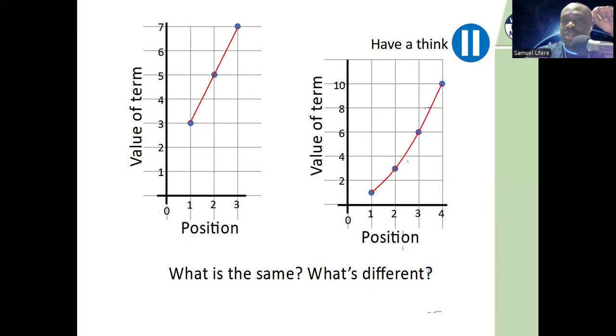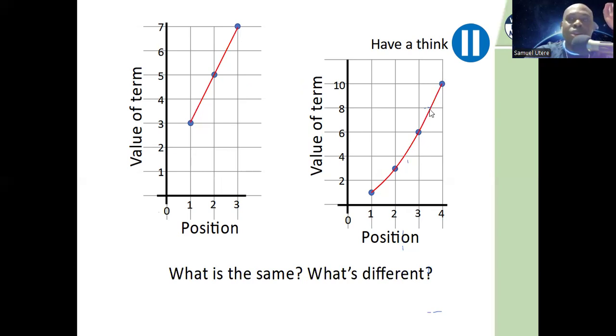When we plot the graph, it will show really clearly that this is linear, so it means straight, and this is non-linear. The line is not straight when we're plotting on the graph.